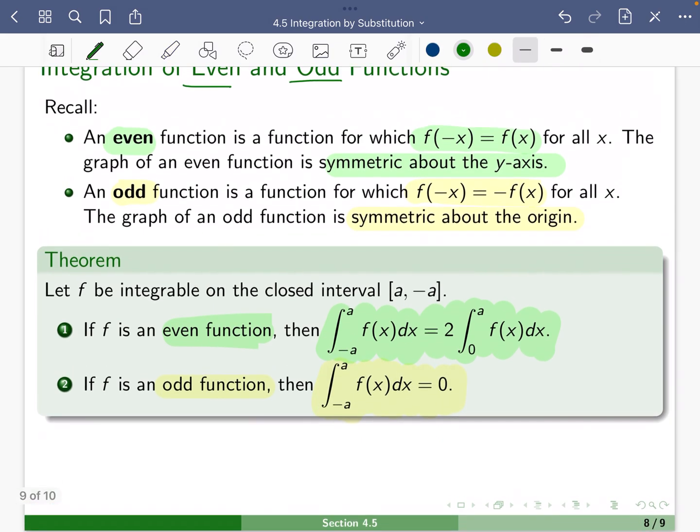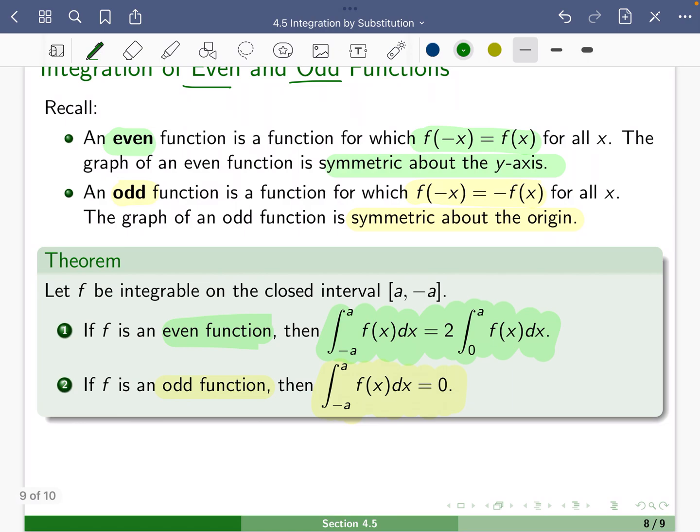Well, it's just going to be 0 for the odd function because your stuff here is going to cancel out exactly with the stuff there. And for an even function, you have something that doubles, because if we're looking at these areas, these two areas are the same if we're going from negative a to a.